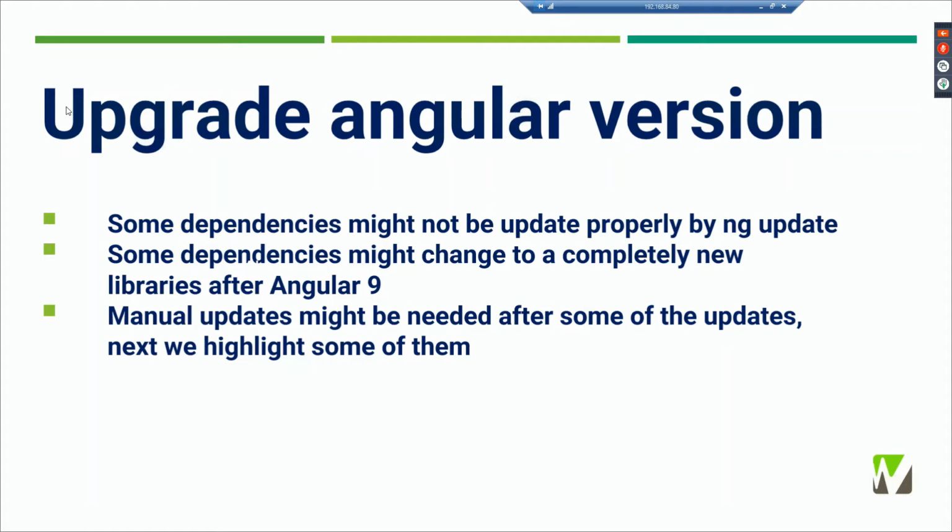What you will find is that not all dependencies are updated automatically or are updated correctly. You will also find that some dependencies simply don't have a proper version for Angular 9 or Angular 11, but usually Angular 9. In most cases, you should check the npm packages, because most maintainers have moved to a new library name and a new address for their library.